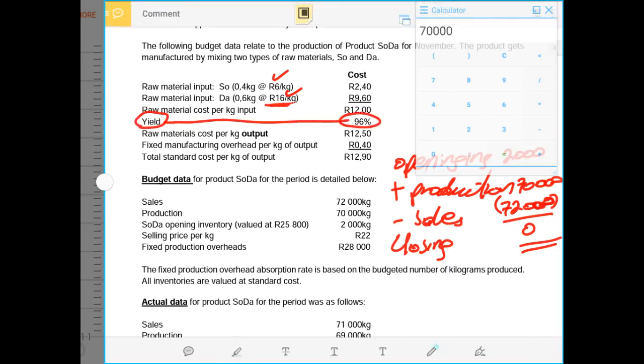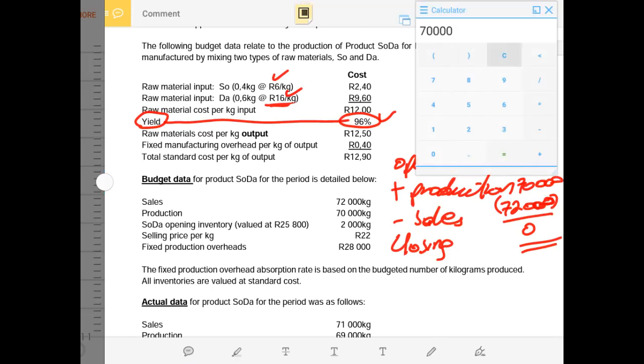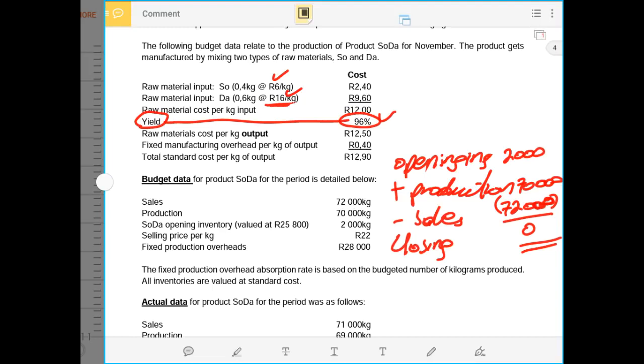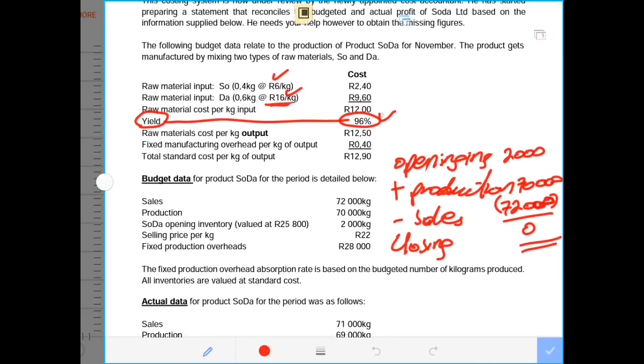If they tell you that yield is 96%, meaning whatever you introduce in the beginning of the process, and this topic does link with what we call process costing, then the yield, or the output, will be 96% of what we introduce in the beginning of the process. Yield means the output of production, meaning our production or output is 96% of what we started with in the beginning.